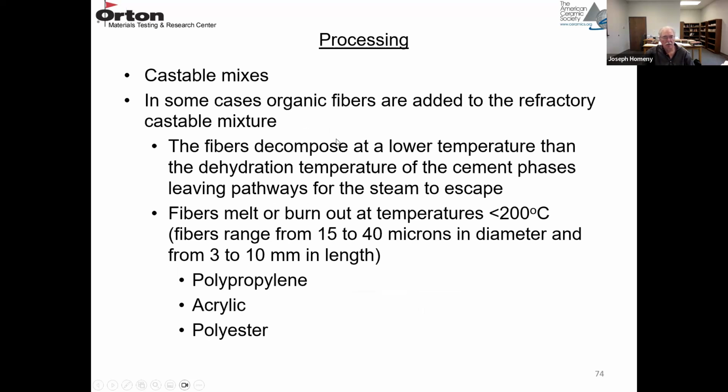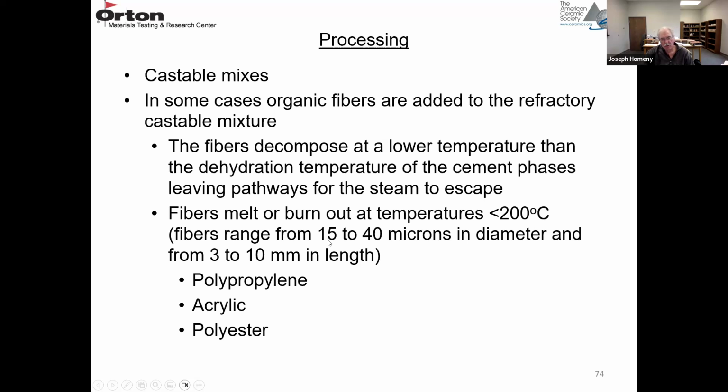These fibers decompose at a lower temperature than the dehydration temperature. So the cement has a certain dehydration temperature. We looked at those. So they're going to decompose and leave a void space, and that's the pathway for the steam to escape. So fibers are going to generally burn out less than 200 degrees C.